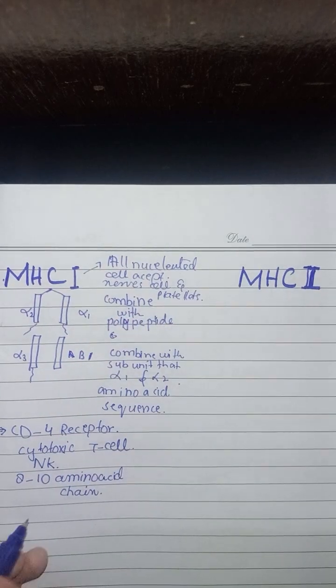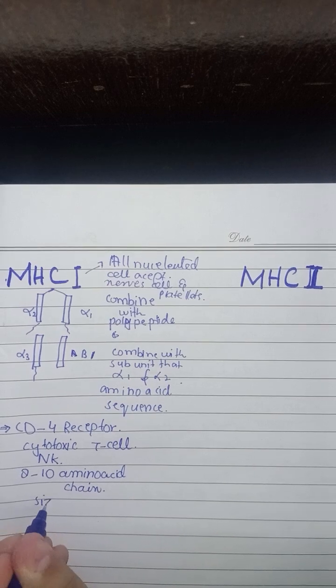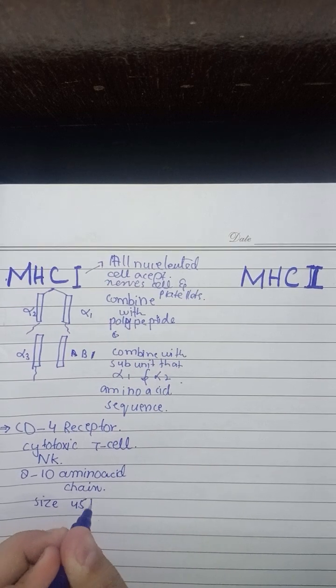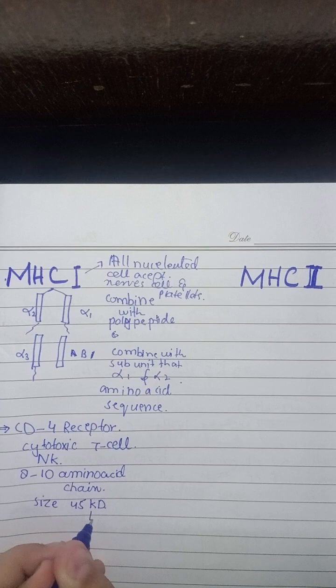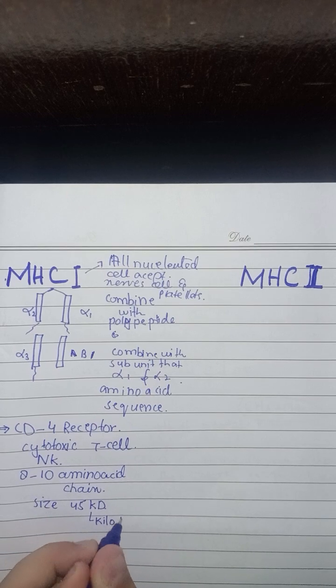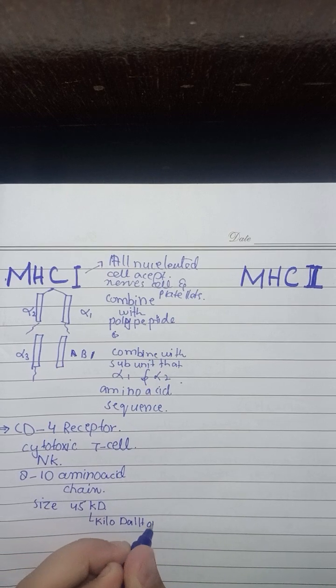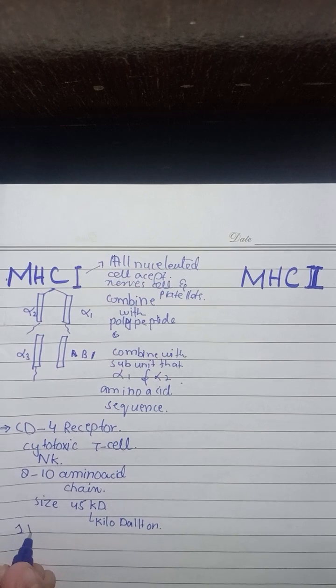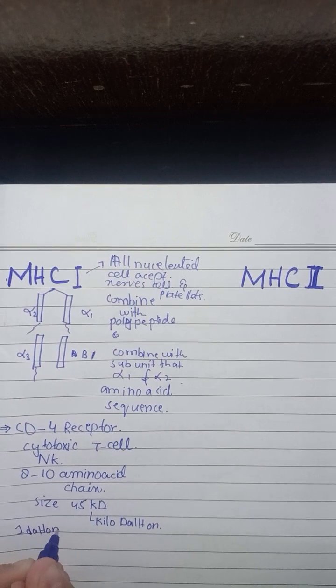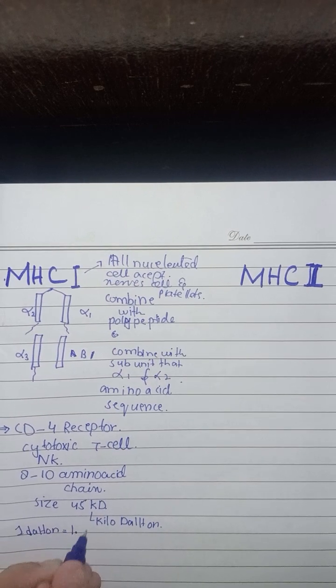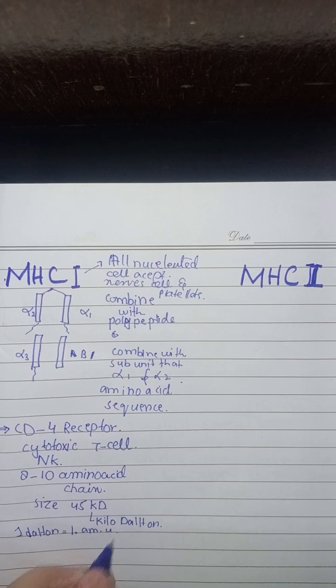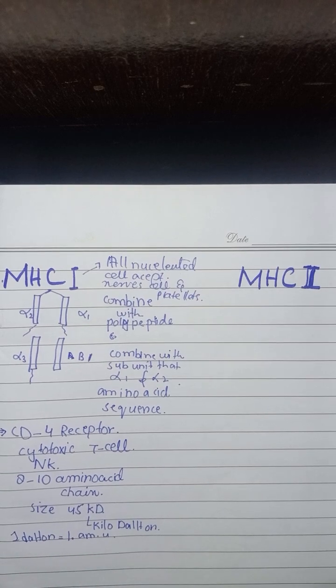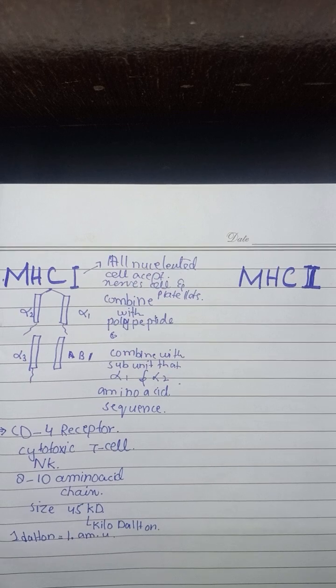The size of this is 45 kD, means kilodalton, and 1 Dalton is equal to 1 AMU.